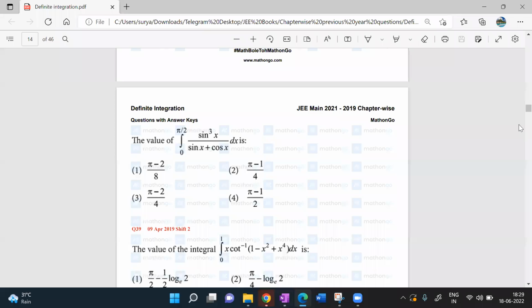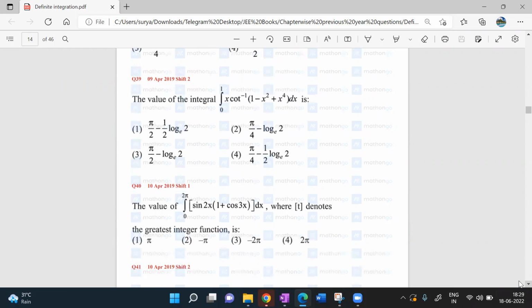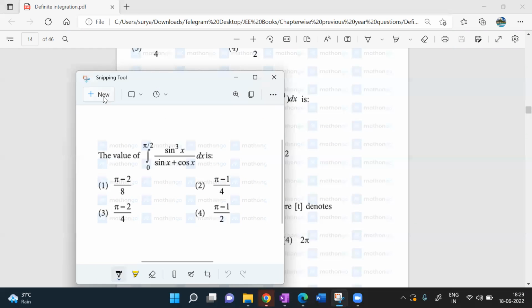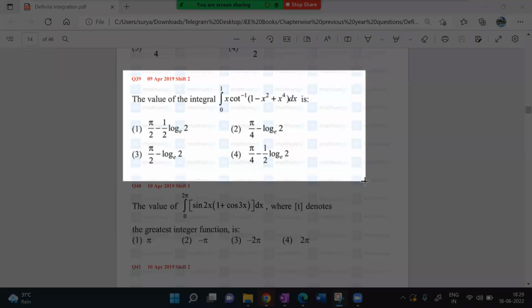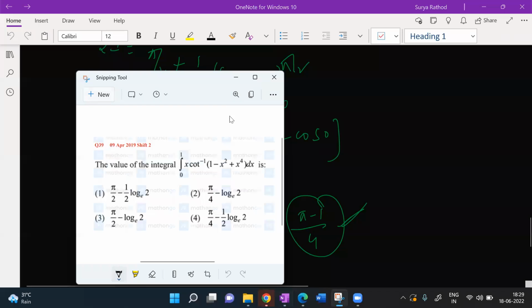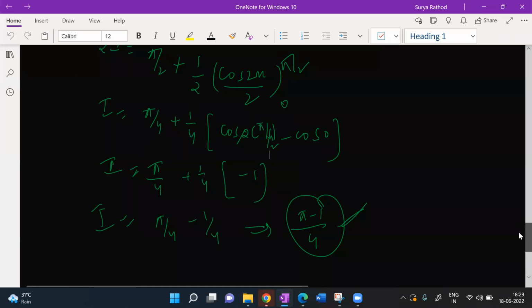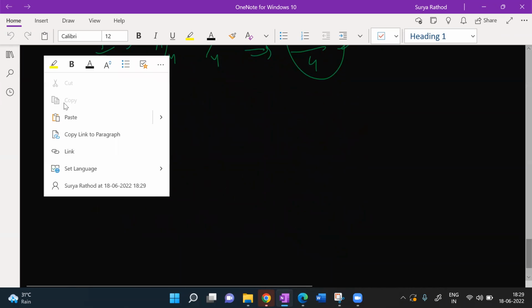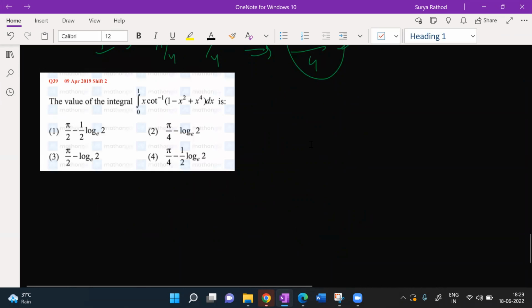solve it patiently, you will get the answer for sure. Next question. Everyone solve this question. Everyone make this question. Make it fast. 1.5 minutes of time. Quick.